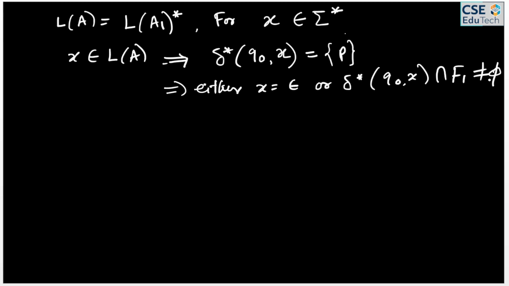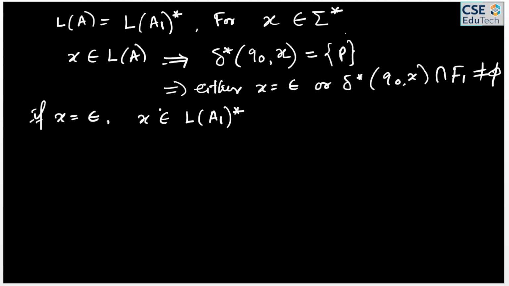Now if x is equal to epsilon, that means x belongs to the language accepted by A1 star. Clear?